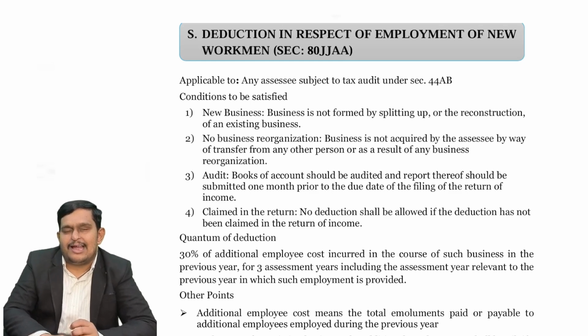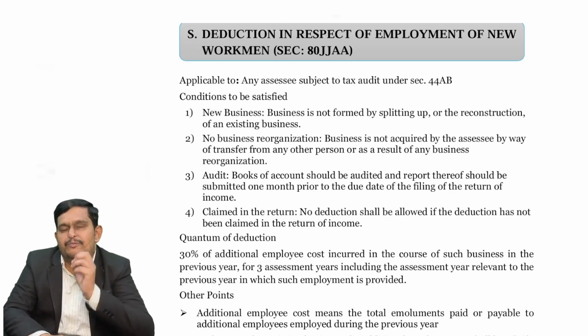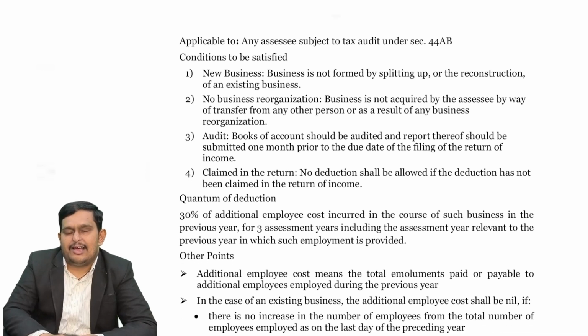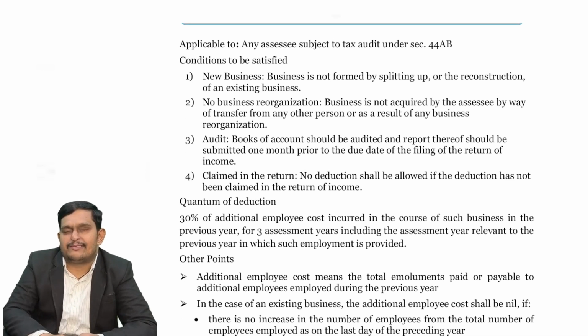Give the data at least 1 month before filing returns. So the audit should be conducted and a report should be submitted at least 1 month before, and claim the deduction in the return.